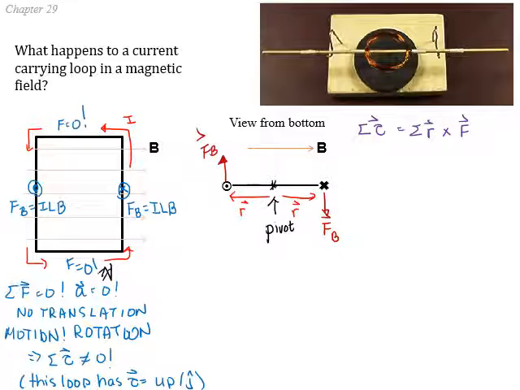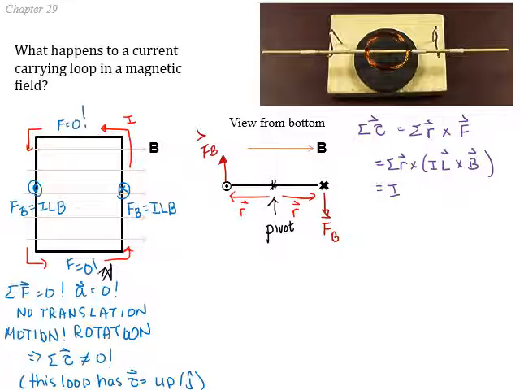For my force, I know it's the magnetic force, so I'm going to fill in the expression of my magnetic force. So I've got the sum of r crossed with I L cross B. I'm just going to move my current I to the front.